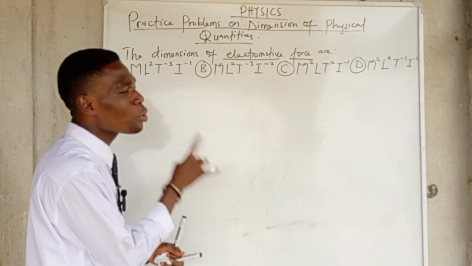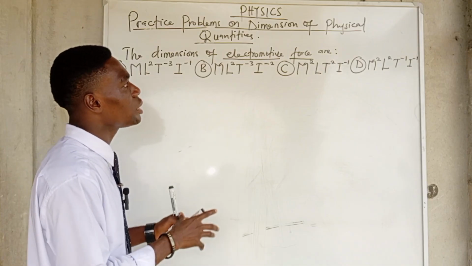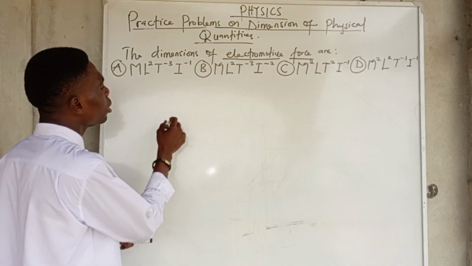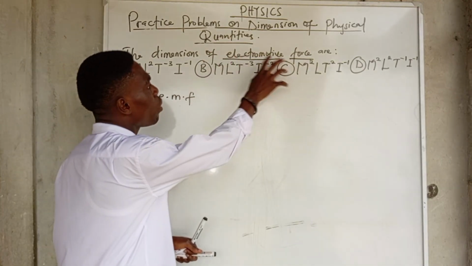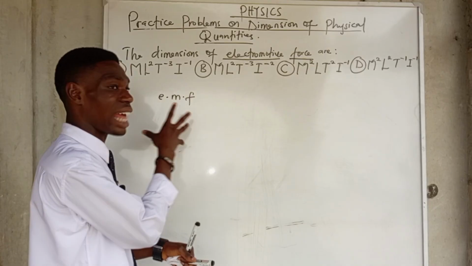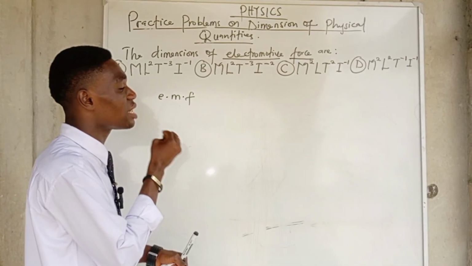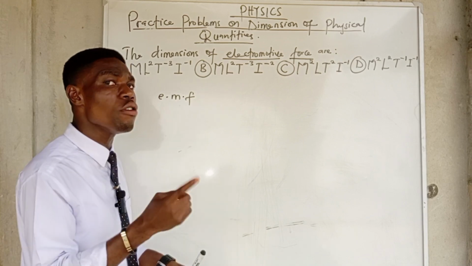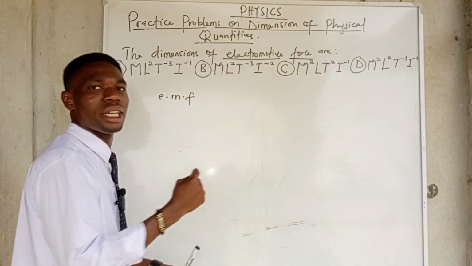Yes, electromotive force is a potential, is work done. So if I'm to define electromotive force, which we also write as EMF, that is the way we abbreviate electromotive force. It's not a type of force. So if I'm to define EMF, the electromotive force of a cell is the work done by the cell in moving a charge of one coulomb round the circuit.